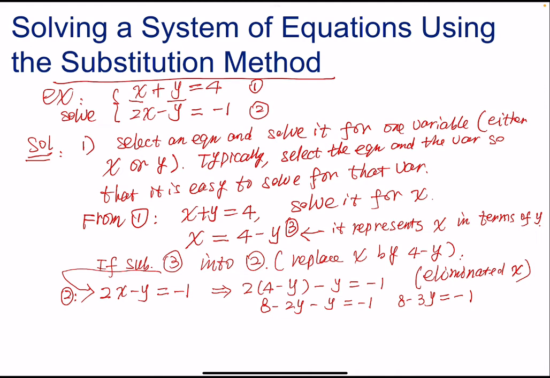Remember, the goal is to isolate the terms with y. So it becomes negative 3y, subtract 8 from both sides. So I get negative 1 minus 8 is negative 9. And then I divide both sides by negative 3. I get y equal to 3.